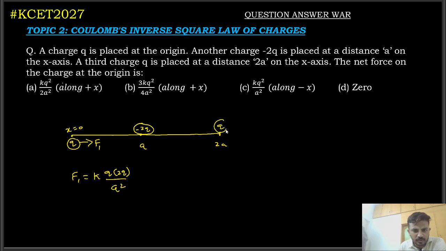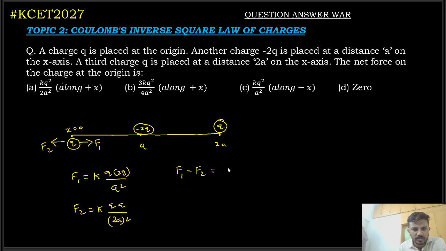And due to this one, on a similar positive charge, there will be a force of repulsion, that is F2 is equal to K Q1 Q2 divided by distance 2a square. So the net force is F1 minus F2. F1 will be greater because the distance is less.